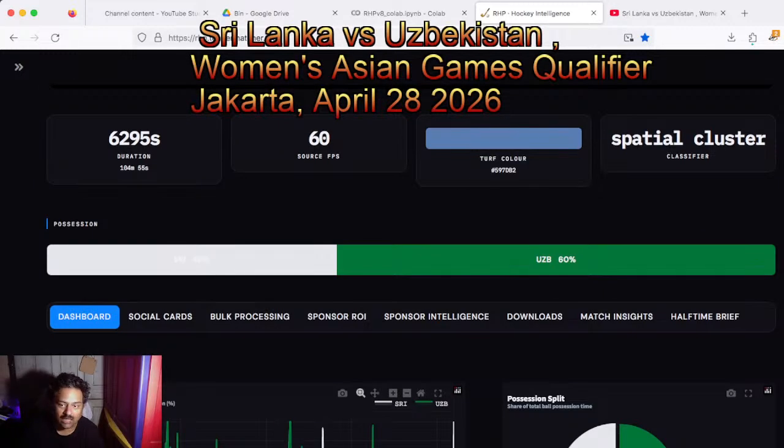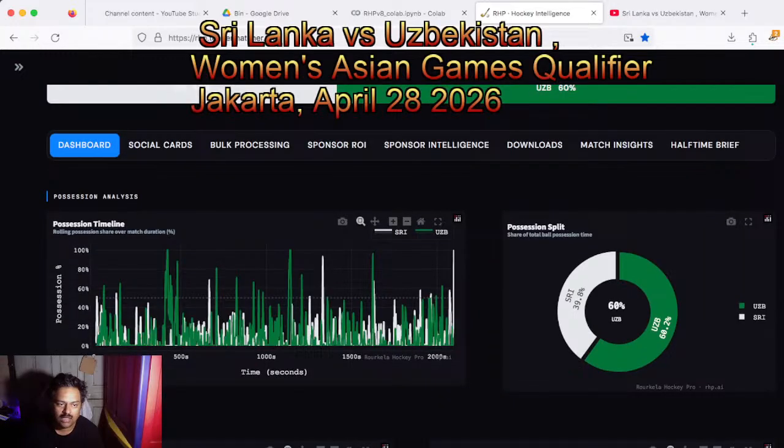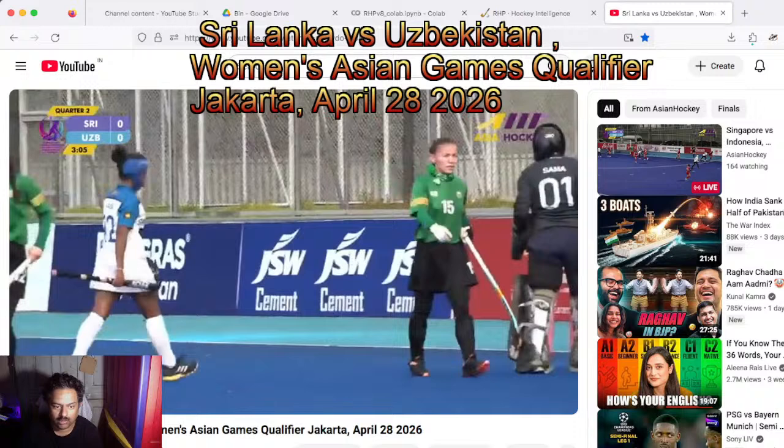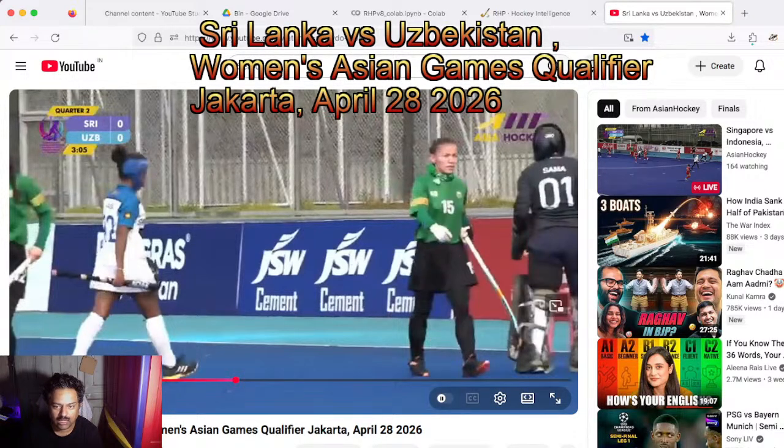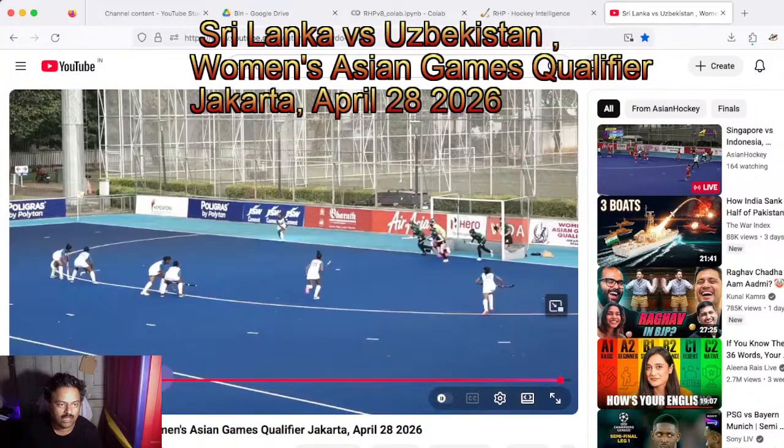Uzbekistan had 60% possession as compared to 40% for Sri Lanka, as you can see. All deep greens showing high dominance, and you would see in the end that it was a very high scoring match. Literally 6-1 was the score nearly at the end line.